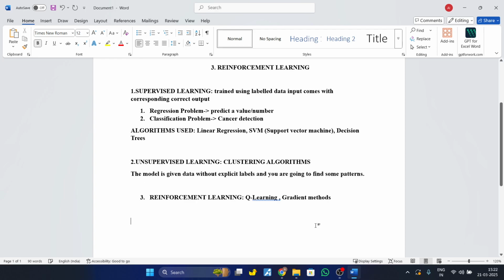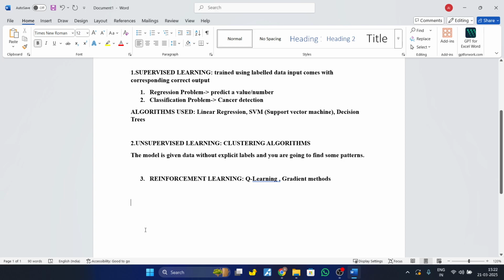So what I just said is that reinforcement learning involves the concept of an agent, and that agent is going to interact with the environment and learn through reward and penalty. So essentially the machine is going to learn by experiencing.